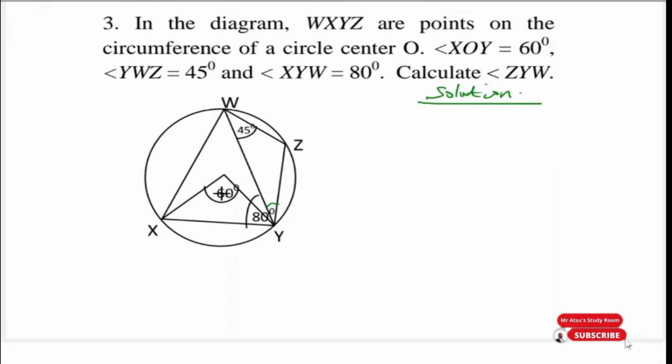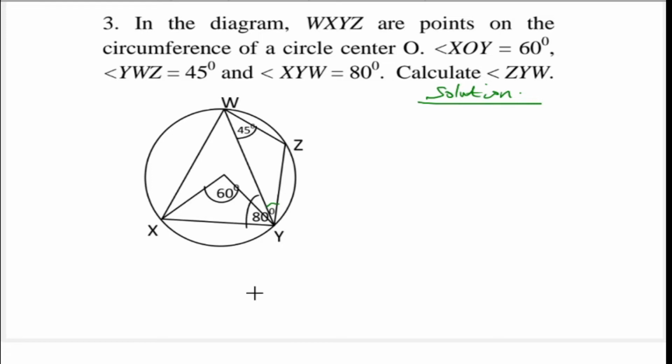Angle XOY is 60 degrees. And one of the theorems of a circle says that if we have a chord subtending an angle at the center and the same chord subtending another angle at the circumference, then the angle the chord subtends at the circumference is half the angle it subtends at the center. I'm just sharing the link at the top here for those who might want to revisit that lesson.